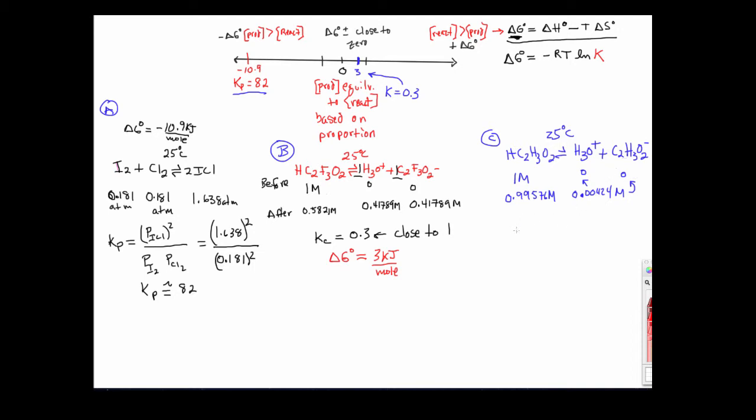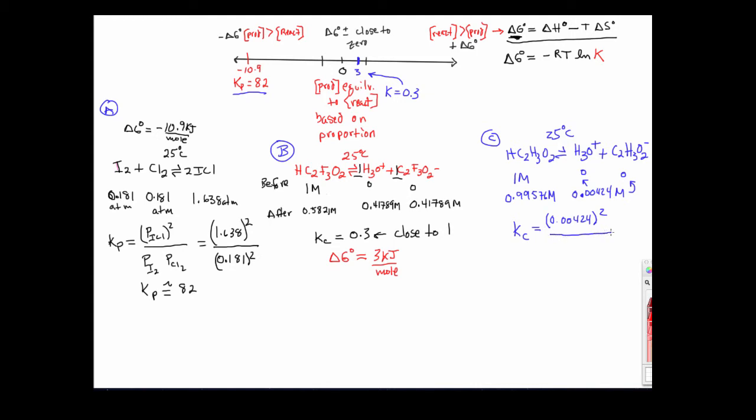When you calculate the Kc for this, and again we're calculating a Kc because we're in concentration units of molarity, just to be clear about this, the numerator is going to be 0.00424 quantity squared, because we've got 0.00424 times 0.00424.